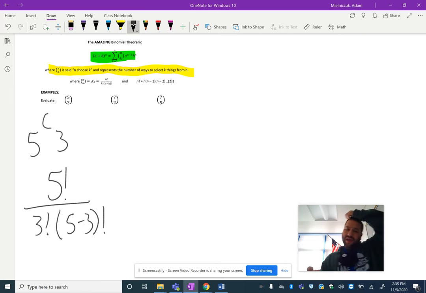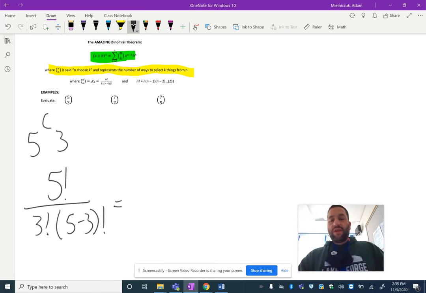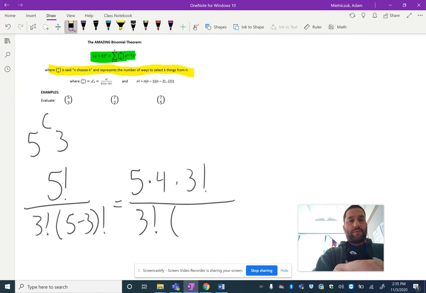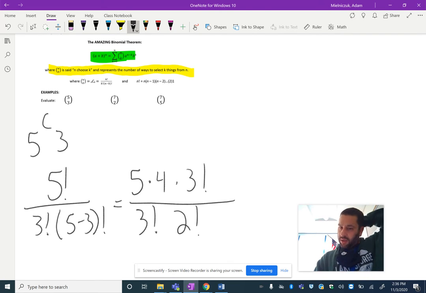Well, how the heck do we clean that up? Well, we need to remember that 5 factorial is 5 times 4 times 3 factorial over 3 factorial times 2 factorial. Okay, why did I choose for 5 factorial to stop at the 3 factorial?